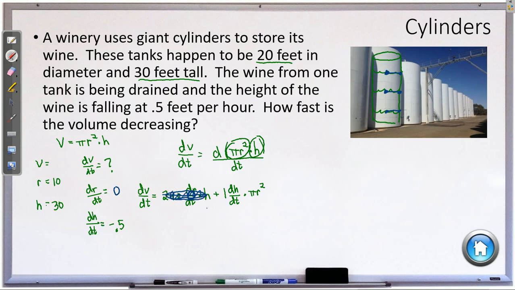So we're just left with dV/dt, which is what we're trying to find, is equal to dh/dt, which we know is negative 0.5, times pi, times r squared. Well, we know what r is. It is 10.